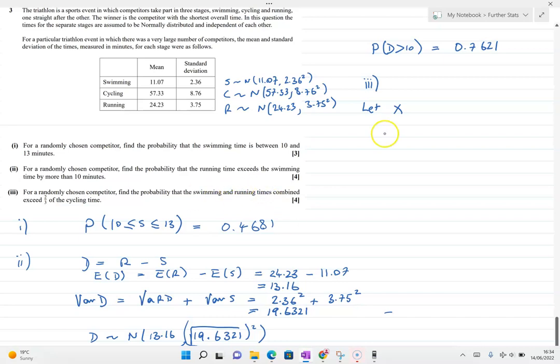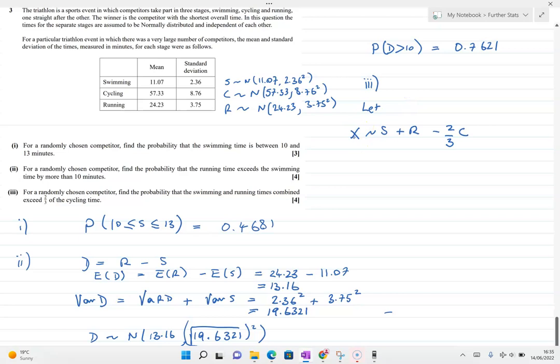So that's S plus R, minus 2/3 of the cycling time. Okay, because we want to find the probability the swimming and running times combined exceed 2/3 of the cycling time, and then what we're going to do is find the probability that this is greater than 0, so that these two together exceed this.